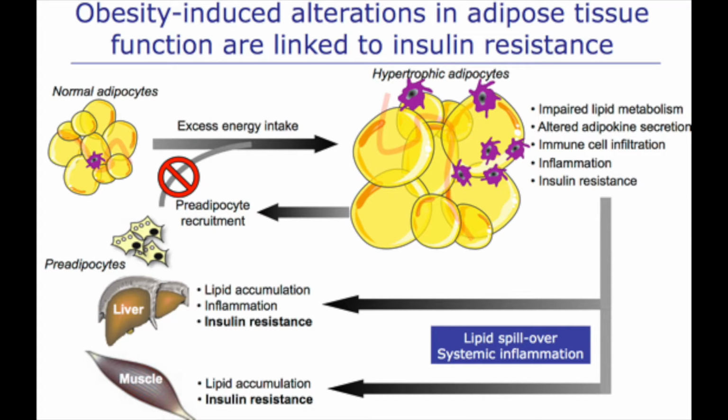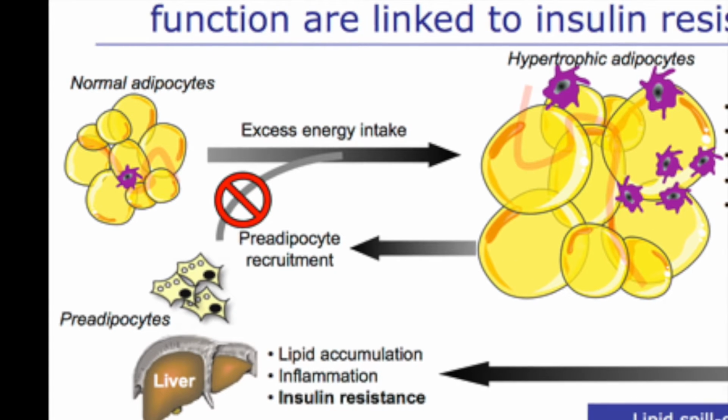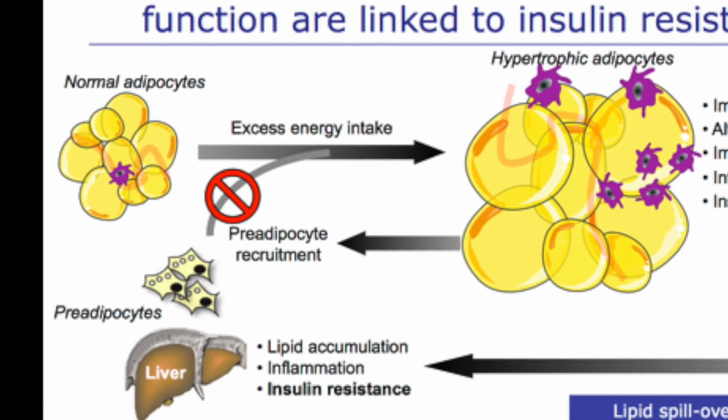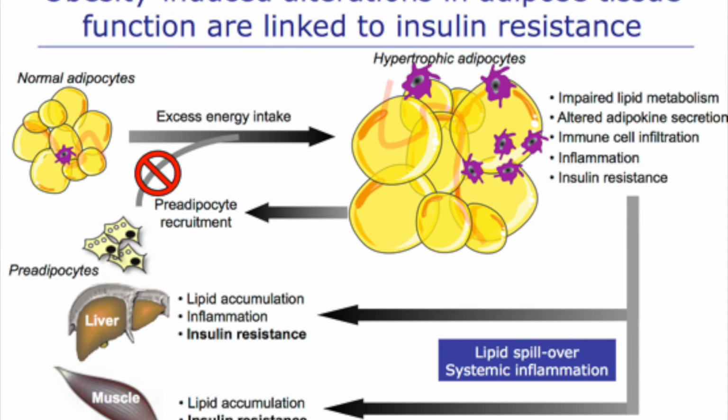Weight gain is related to a decrease in insulin sensitivity, but what are the mechanisms behind this link? Obesity induces alterations in adipose tissue function, which are linked to insulin resistance. As a result of weight gain, the size of adipocytes will increase. This is called hypertrophy. Hypertrophic fat cells are less capable of buffering fat.